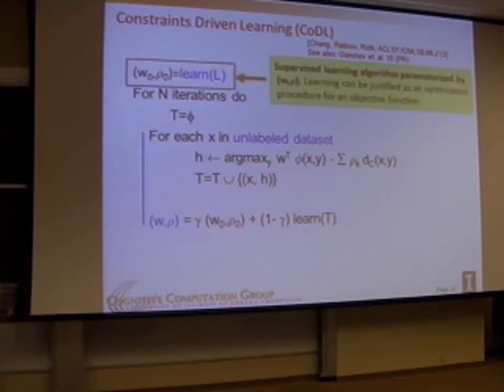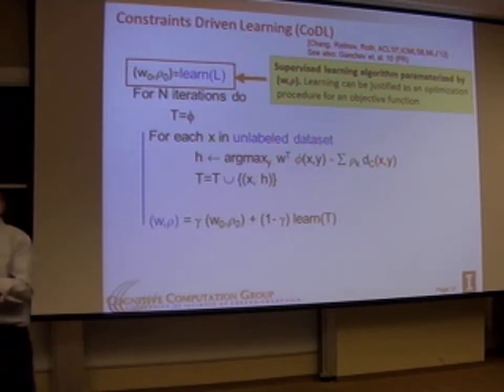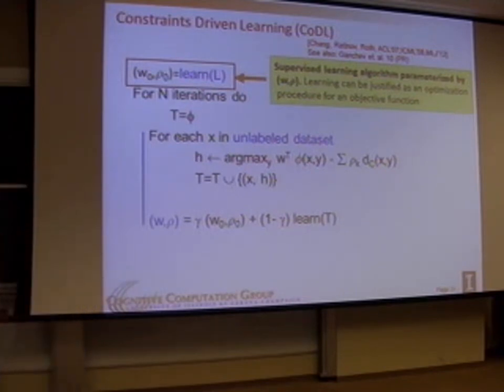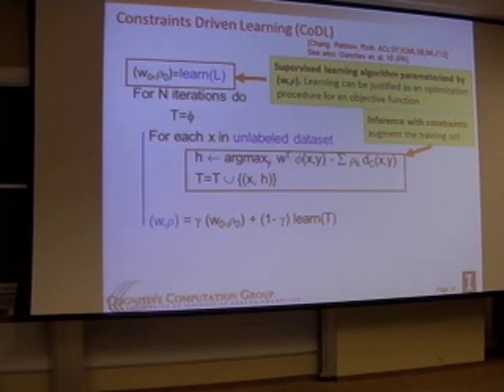You basically start by learning a model, and in this case, I'm writing it as if I'm learning both the weights of the model, this was lambda before, now it's W here, and the penalty coefficients, although I can also separate these and learn them separately, and this is discussed in the paper, specifically in this recent paper. And then, once I do this, I'm going to iterate over my unlabeled data set.